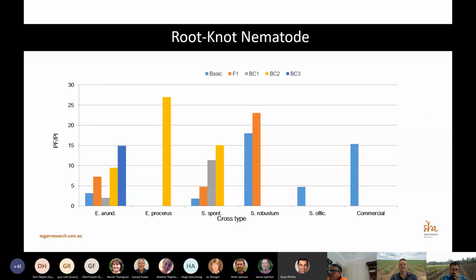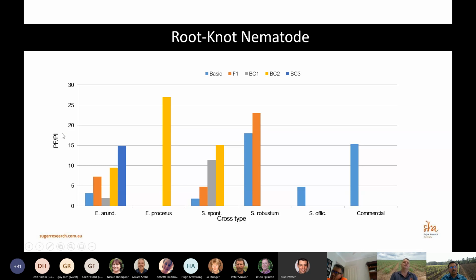So this is one of the results from our earlier trial. You can see on the x-axis all the cross types, and on the y-axis the PI value, which we call the reproductive value. What does it mean?